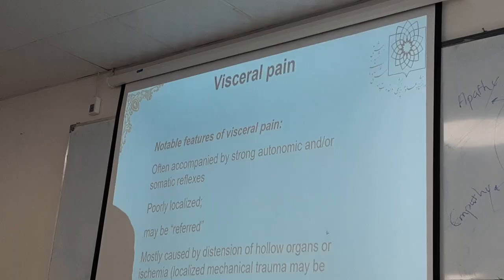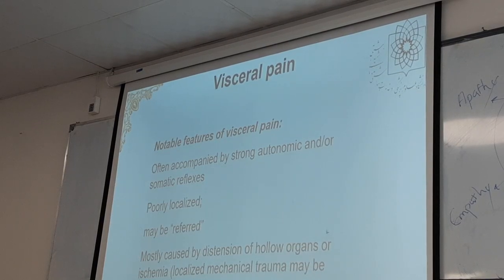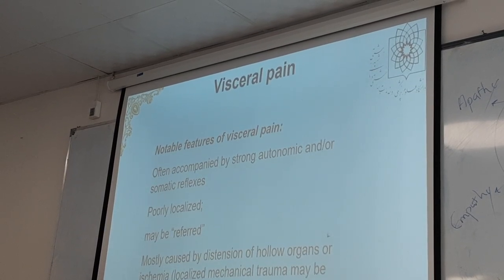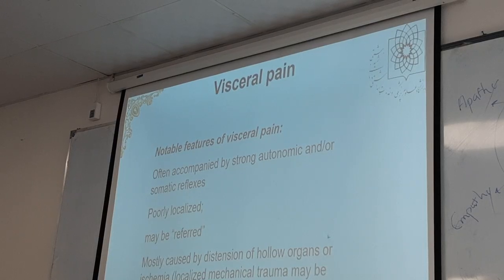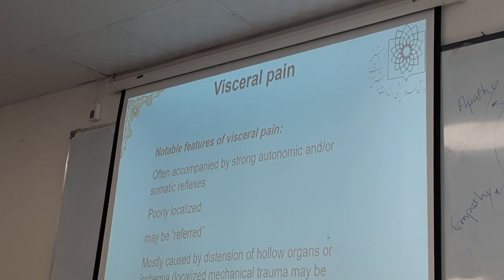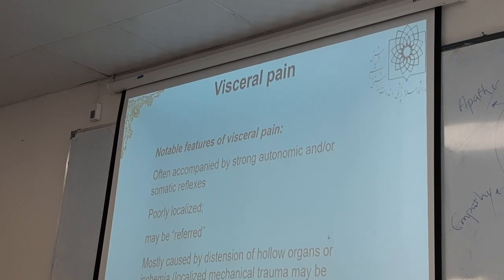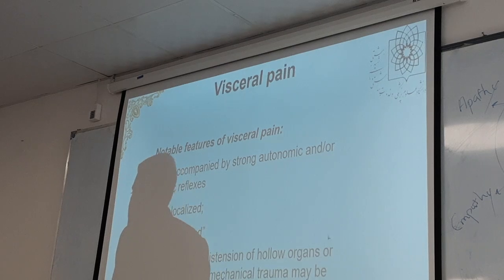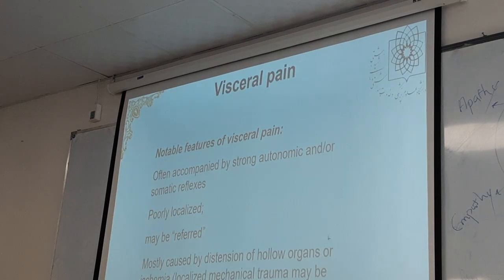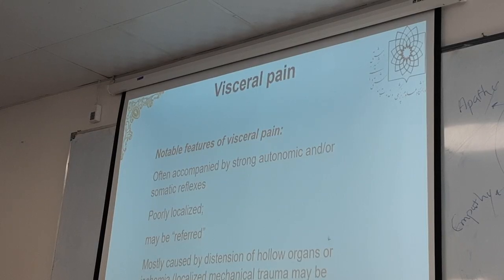But visceral pain is not. You say somewhere in my abdomen I have pain. Can you tell me where it is? You say no, the pain is coming from right side to the left side. But we do not have damage from right to left. There is a part in the viscera that has pain, and we are not able to localize it exactly. This shows the poorly localized nature of the pain.